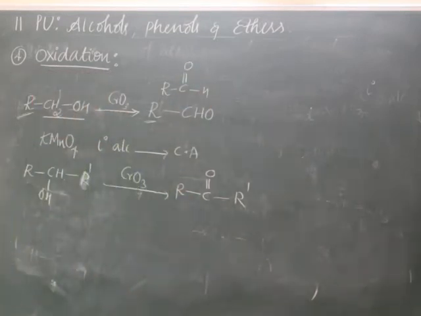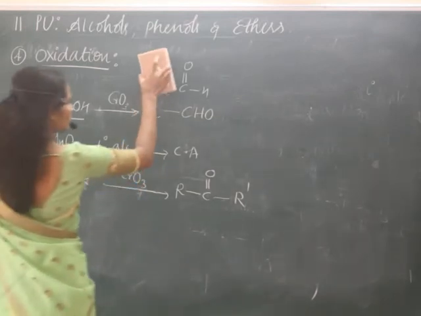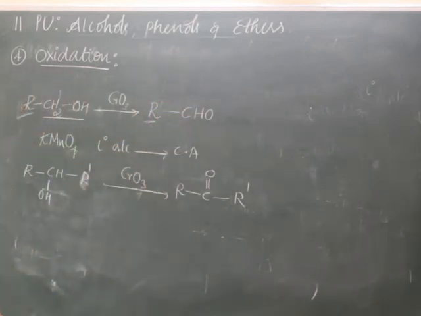This is about preparation of aldehydes and ketones by using oxidizing agent like chromium trioxide. If we take primary alcohol, we'll get aldehyde. Secondary alcohol will lead to the formation of a ketone.